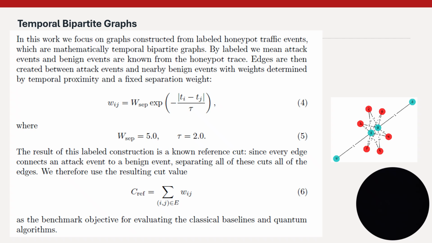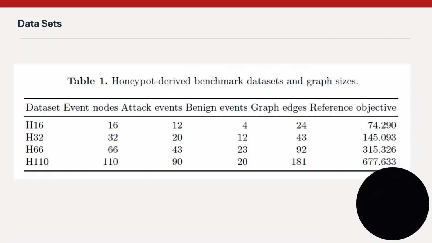In this work, we're going to be focusing on graphs from our existing honeypot data. This is labeled data, and we know a priori whether events are attack traffic or not. Edges are created between attack events and given appropriate weights, as illustrated by the equations on this slide.